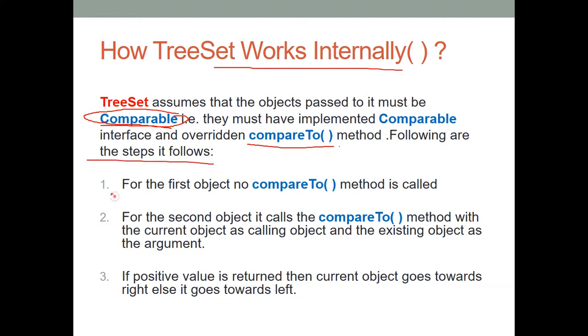For the first object, no compareTo method is called. For the second object, it calls the compareTo method with the current object and the existing object as arguments. It compares them through the ASCII value. If it returns a positive value, the current object goes towards the right, else it goes to the left.